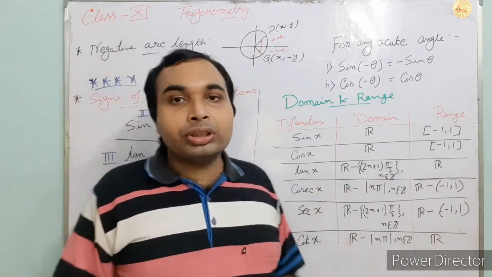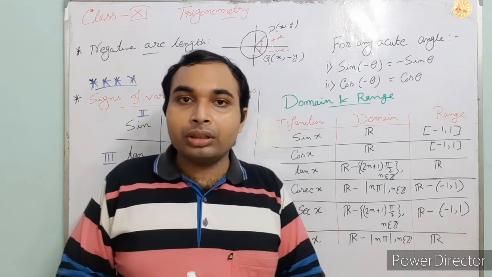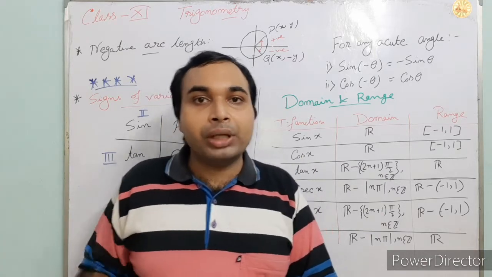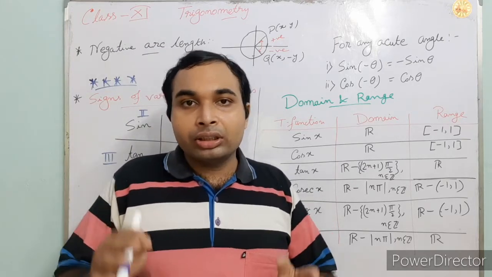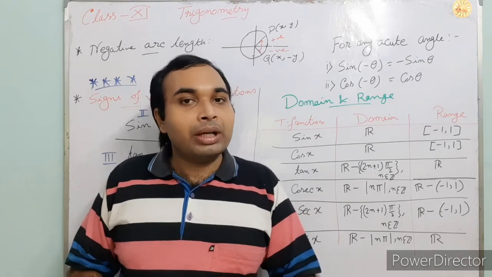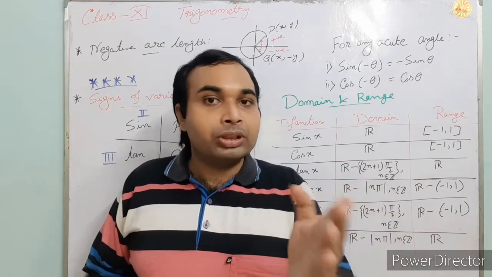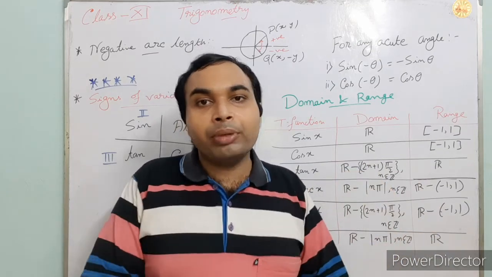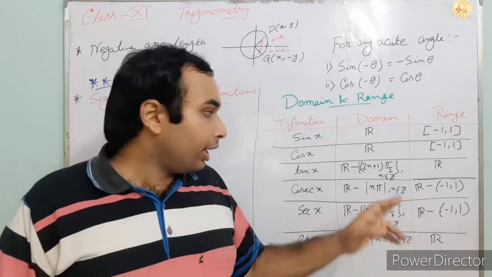For cosec, sine n pi is 0 always. Sine pi is 0, sine 2 pi is 0, sine 3 pi is 0, like that. So sine n pi is 0 always. So cosec means 1 by sine, and 1 by sine means 1 by 0 is coming. So 1 by 0 is undefined. That's why we cannot take those here.